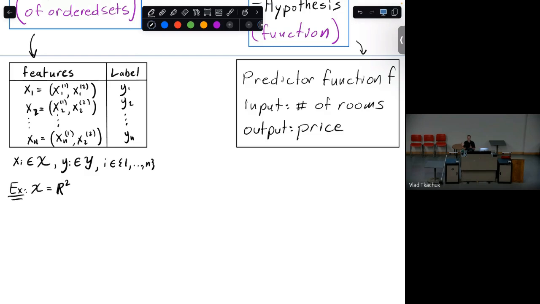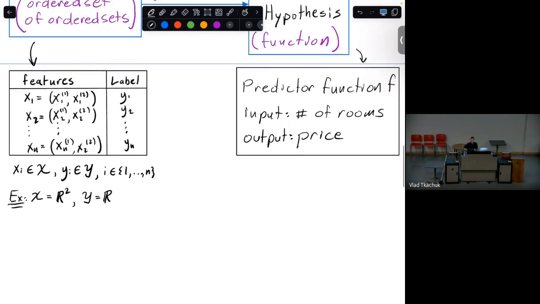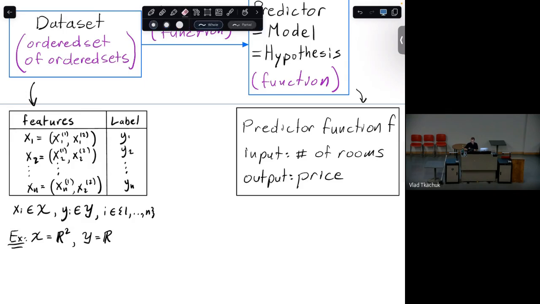If you're not familiar with this notation, we'll go over it, but it just means a 2-dimensional real number. So it's just a number with 2 indices, something that looks just like this, right? And then the Y might be something like just a real number. This should fairly accurately represent the house example. Cool. Now let's move on to the predictor and come back to this in a moment.